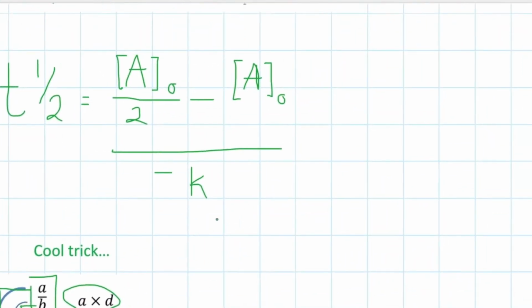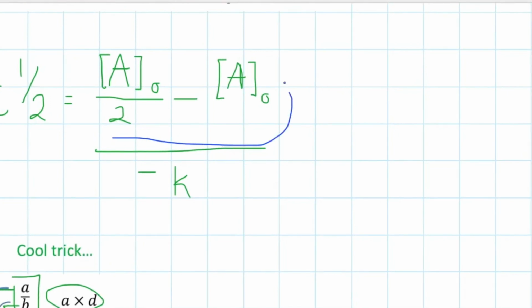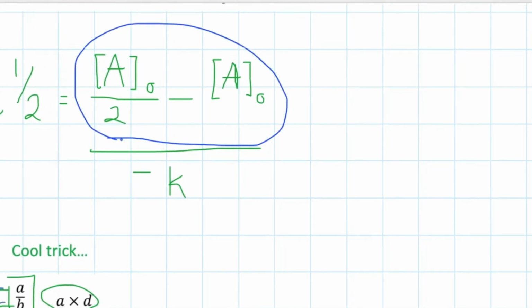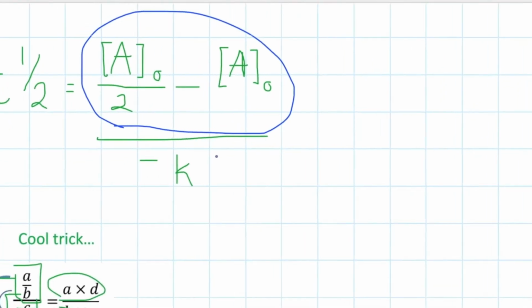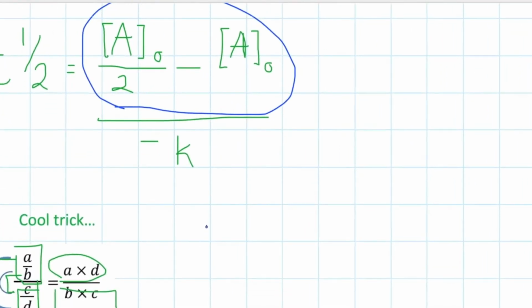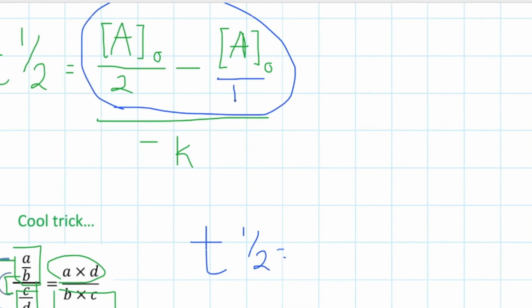So let's move on to our equation. Right here, we want to rearrange this numerator because it's a little bit weird and messy. So let's try to simplify it. We would have T1/2 equals, actually we have a 1 right here, it's there, but we don't write it.